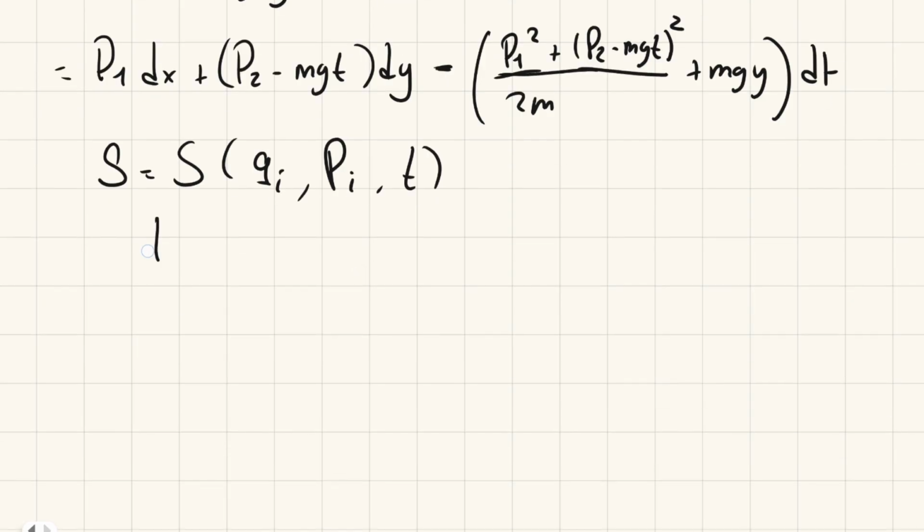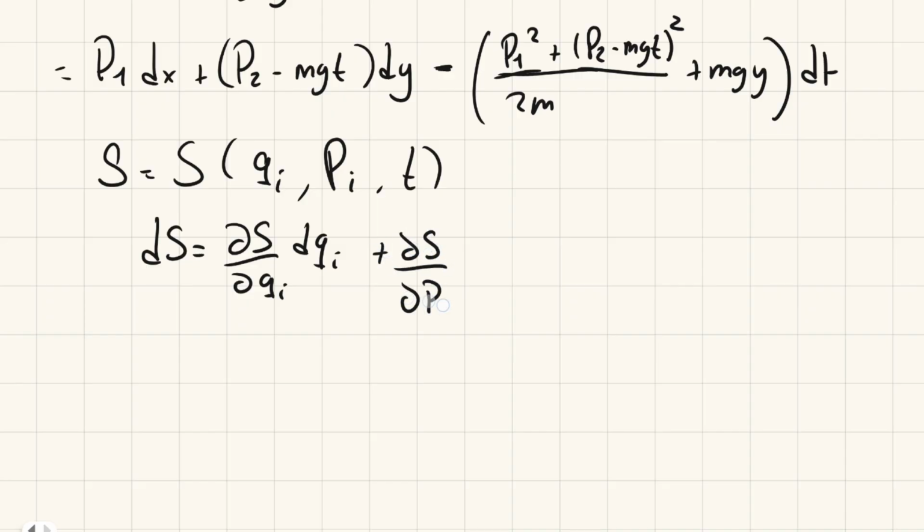If we calculate the total differential of s, this will be the partial of s with respect to qi dqi, and then plus the partial of s with respect to pi dpi, and then plus the partial of s with respect to time dt.